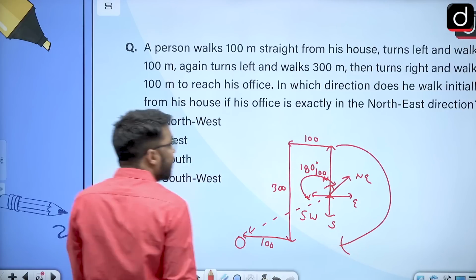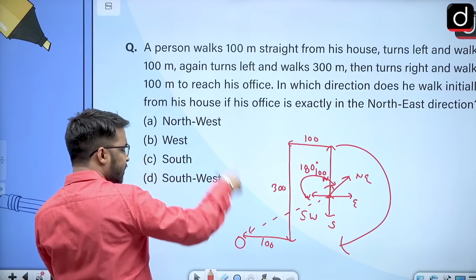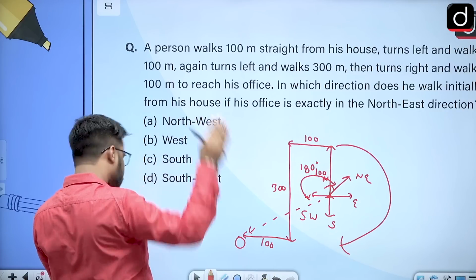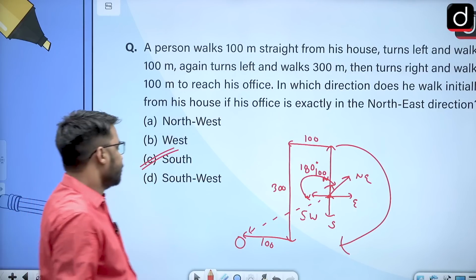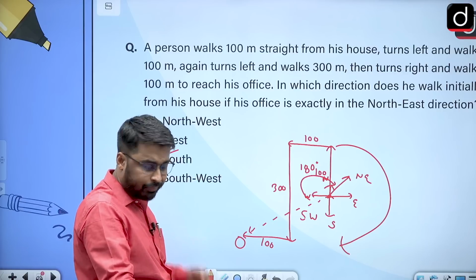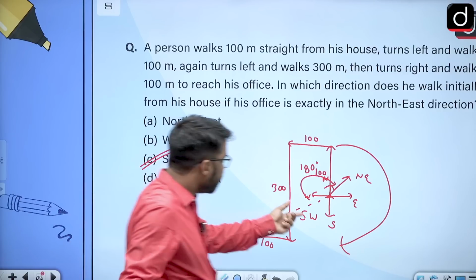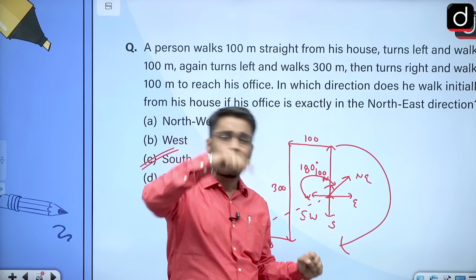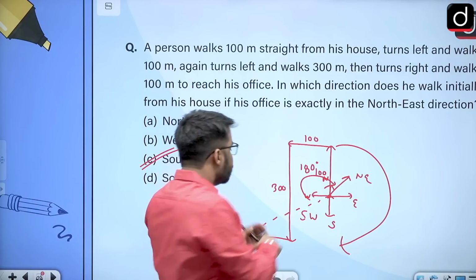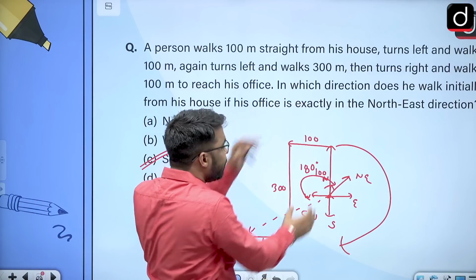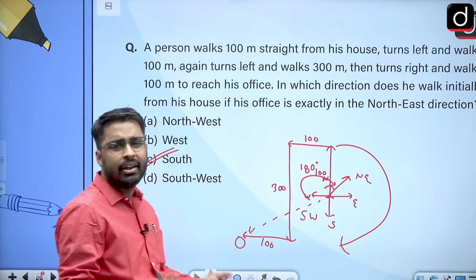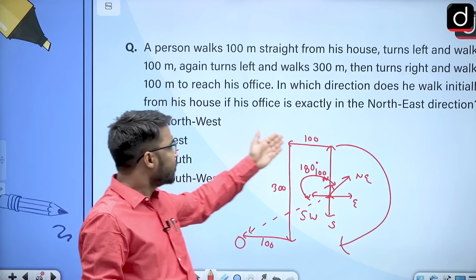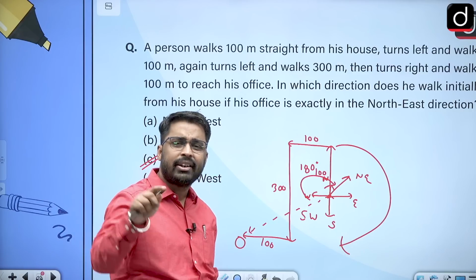On rotating the starting direction by 180 degrees, where we started in north, we are now going to start in south, right? Because we needed to bring this southwest point to northeast, we rotate our entire diagram by 180 degrees. Everything, even my starting direction, will rotate by 180 degrees. That means the starting direction, which was earlier north, will become south.